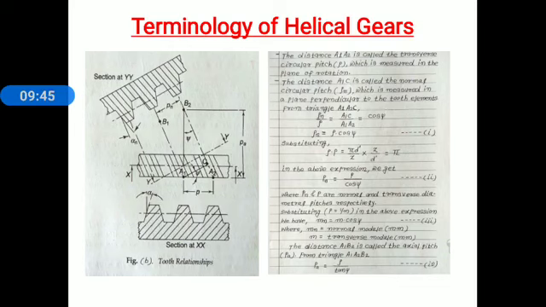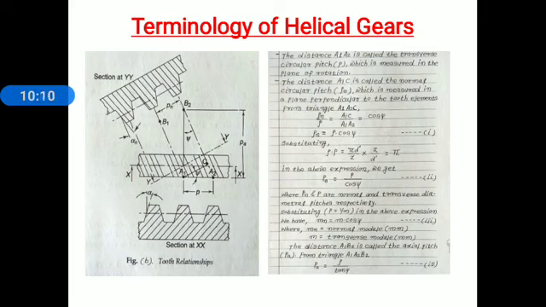Now observe the sketch, figure B. In this figure, the distance A1 B2 is called axial pitch, and that is denoted by letter small p suffix a. For obtaining this value, we consider a triangle A1, B2, A2.